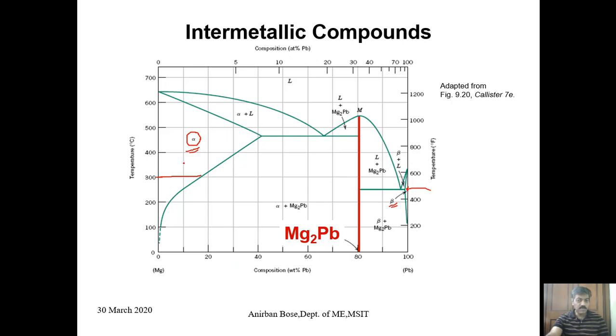So this alpha phase, which is the magnesium rich phase, and the beta phase, which is the lead rich phase, are primary phases in this diagram.